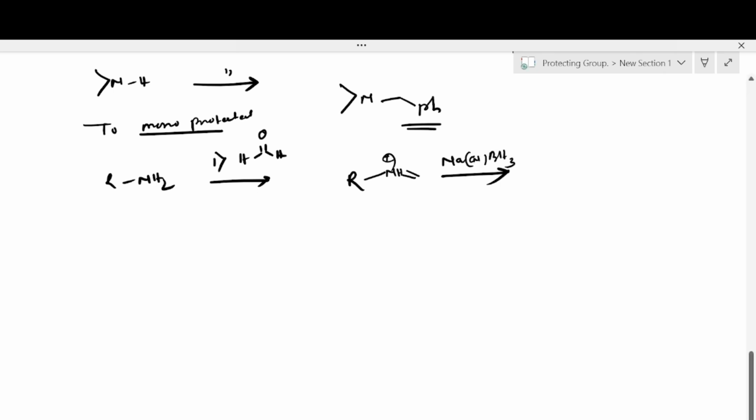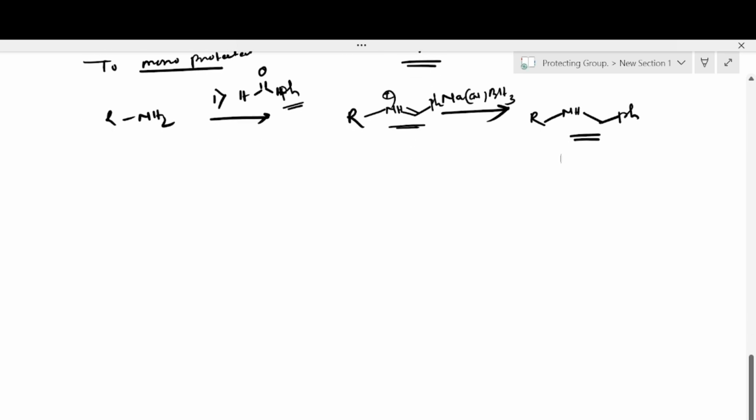Then it will reduce that imine. If you want the benzylated product, you have to take benzyl halide. Then it will form like this, the monoprotected amine.